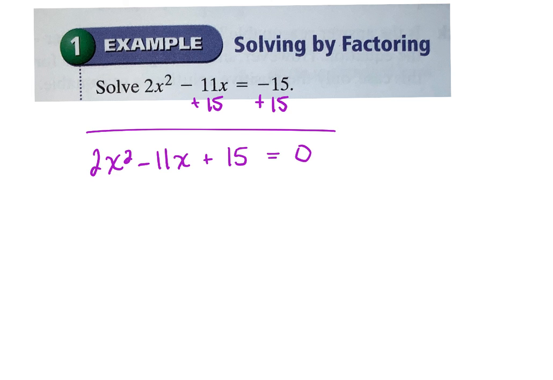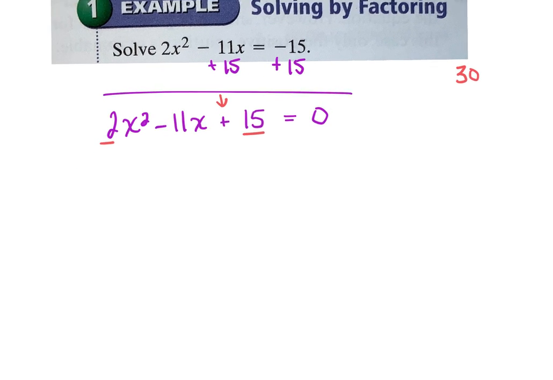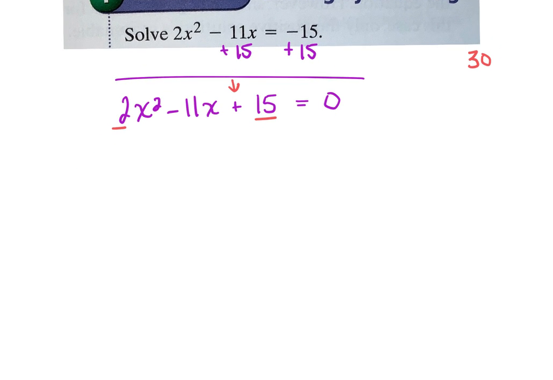You can factor this either way of the ways that we did. Remember, we did setting up all of your factors and then seeing which ones you can pair together, or you can do it by the method where you multiply across. If you multiply across, you multiply 2 and 15, which gives you 30. I need factors of 30 that add, because it's a positive 15, to give me 11.